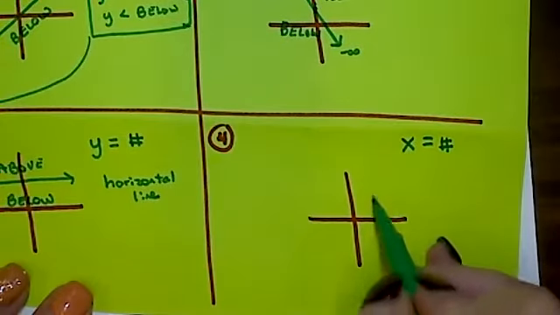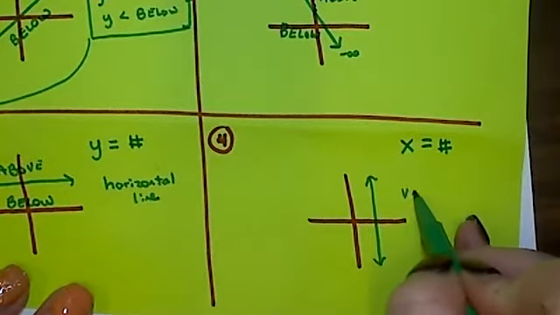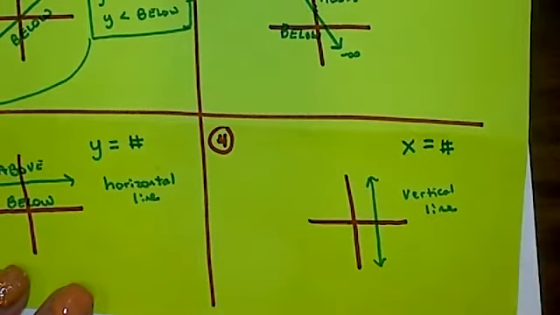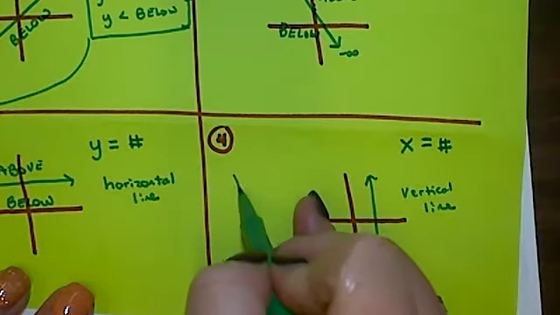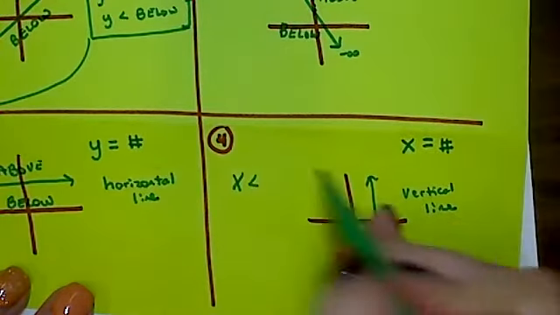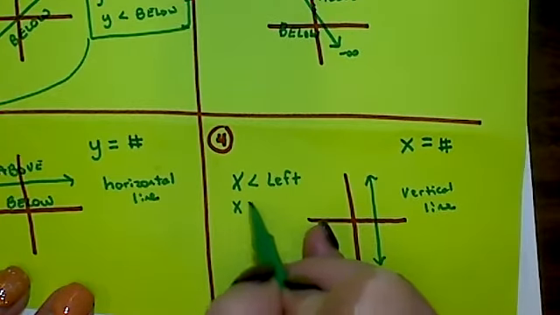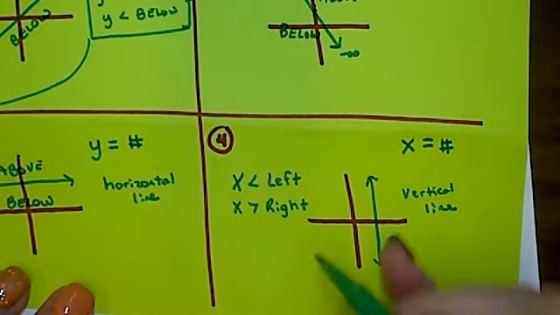Now, when you go to x equals a number, that is your vertical line. And with that one, you cannot shade above or below. So if you have less than, you're going to shade to the left. And if you have greater than, you're going to shade to the right.